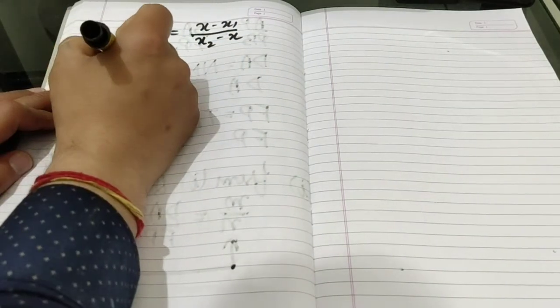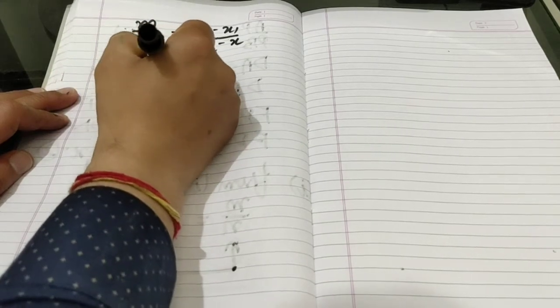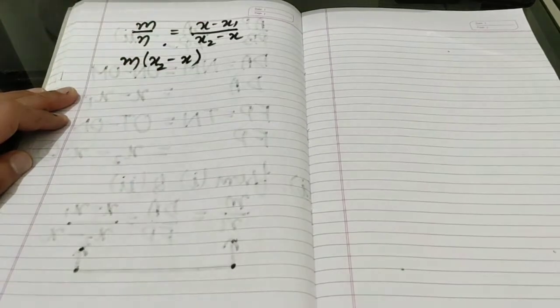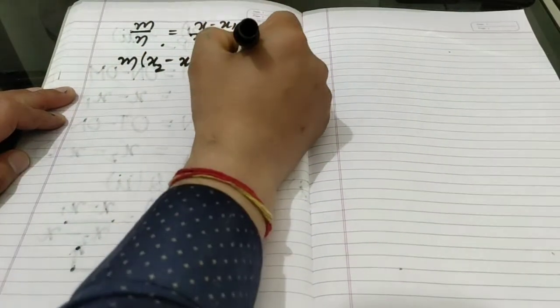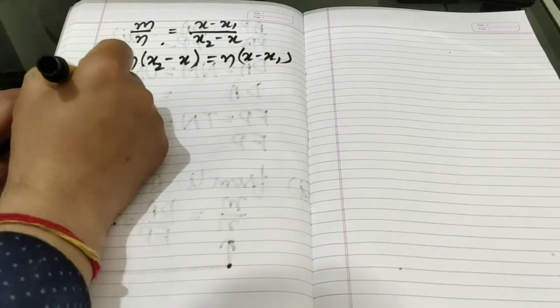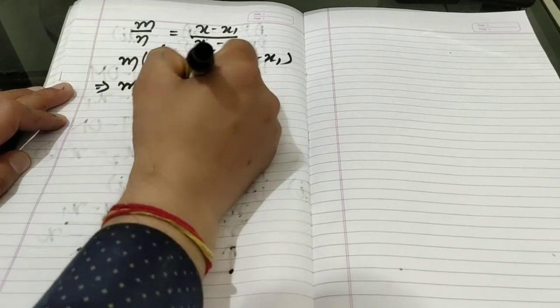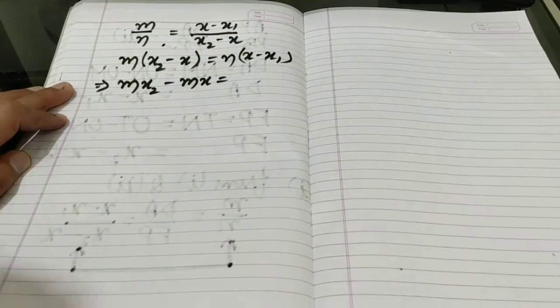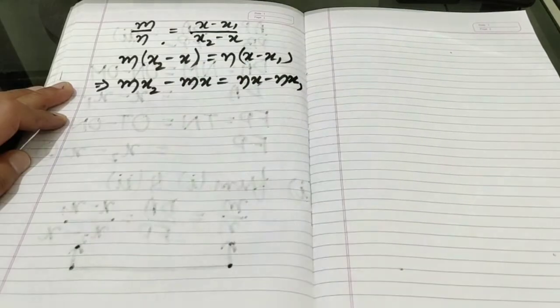Now we go for cross multiplication. That is how we get m into x2 minus x equals n into x minus x1. On simplifying, we get mx2 minus mx equals nx minus nx1.